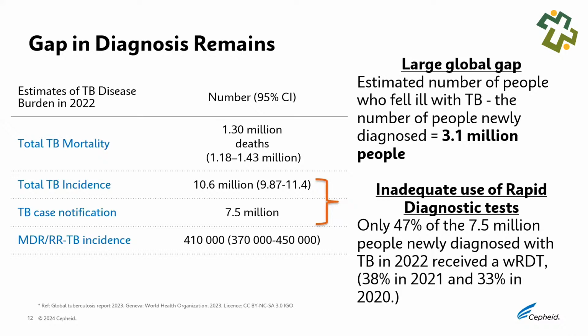This leaves about 3.1 million undetected cases, and this is what we need to keep in mind. Just 47% of undiagnosed patients received repeat diagnostic tests. So less than half of these people received the diagnostic test that is recommended by the WHO for TB. But the interesting part is that 3.1 million of these cases were undetected.